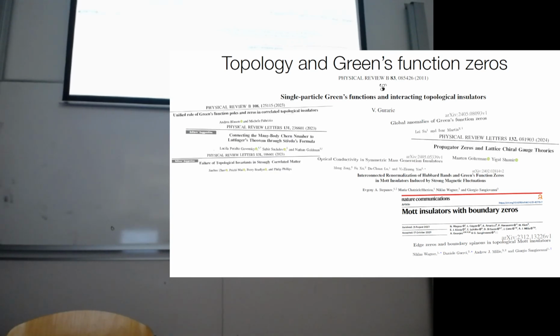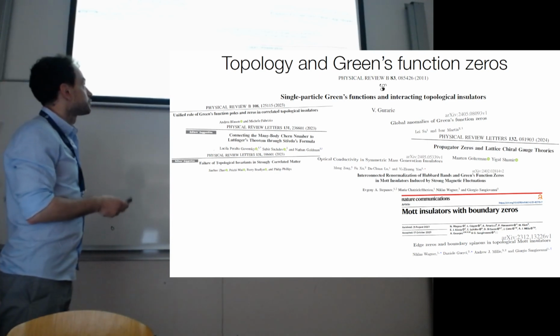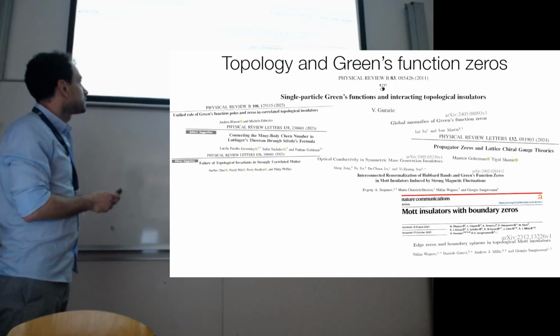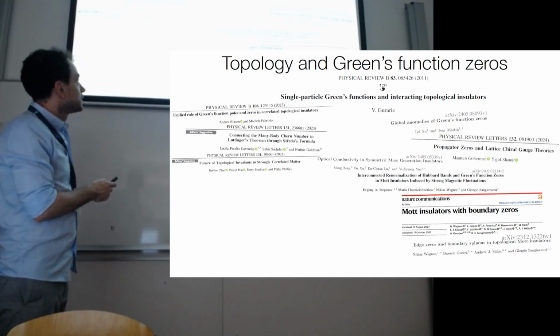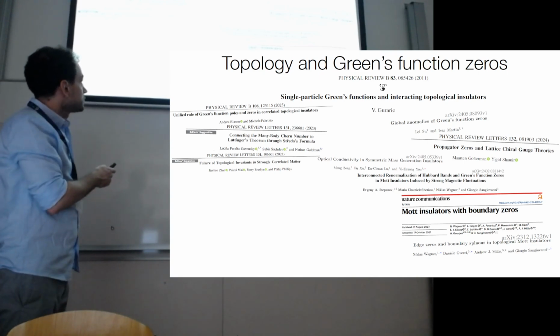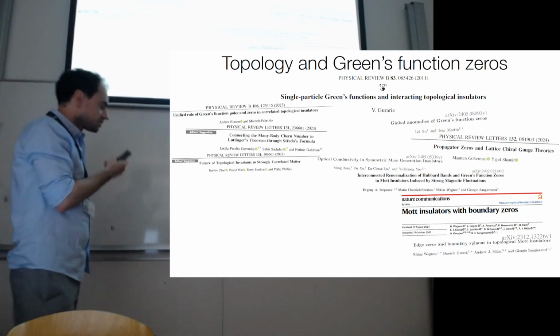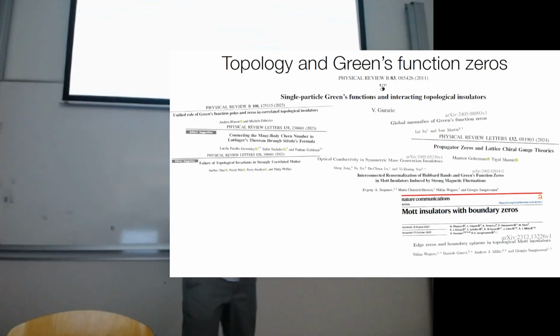Here you see a more fundamental kind of work. What is mostly numerical is shown on the left. On the right side, you see the discussion of Green's function zeros in the context of more or less abstract discussions. Everything is from this year or last year. There is this topic of symmetric mass generation that we briefly touched upon.